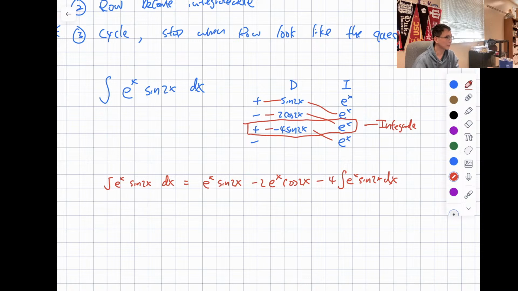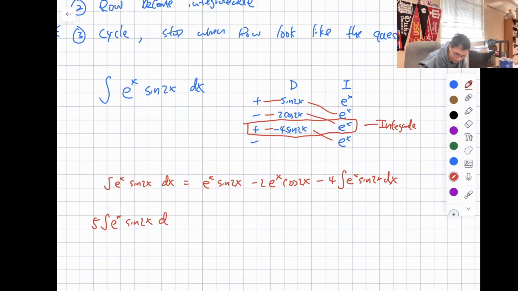How do you cancel them? Because they're on both sides. They're on both sides, so you can move that to the other side. Wait, no. They cannot cancel, but you can move it all the way to the other side. Yeah, that's what I meant. It becomes 5 times the integral of e^x sine of 2x.